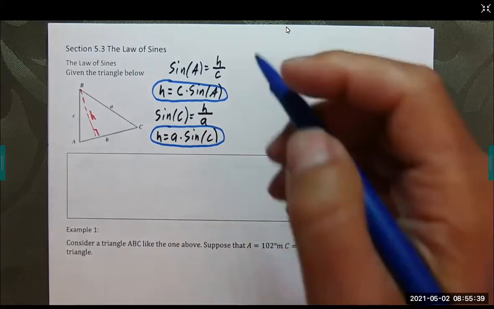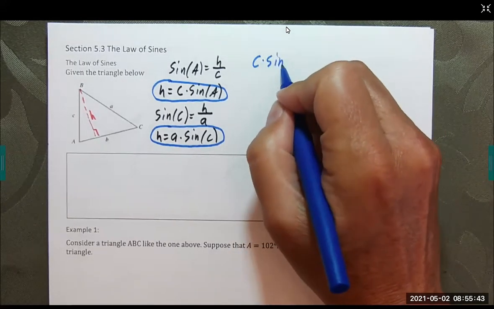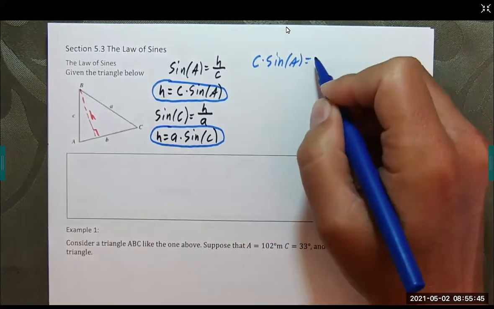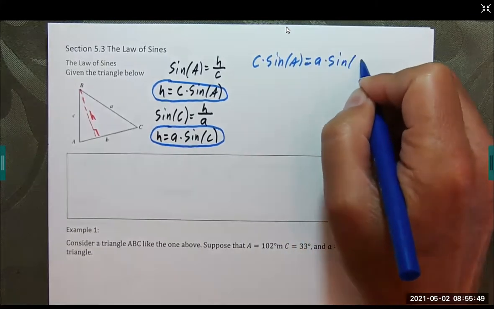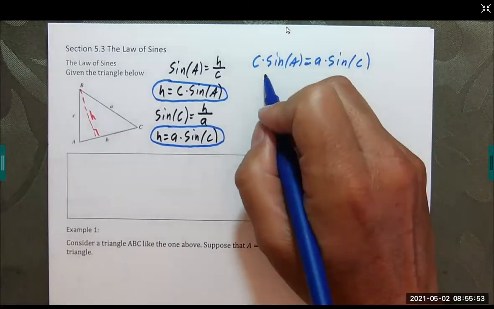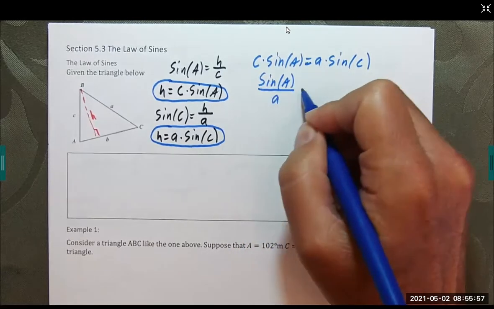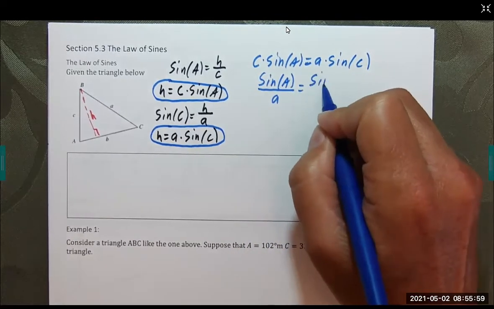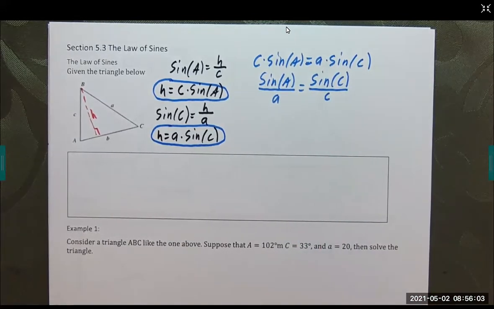That has to imply that C times the sine of angle A is equal to side A times the sine of angle C. And we can rearrange this as the sine of A over side A is equal to the sine of C over side C. And that is the essence of the law of sines.